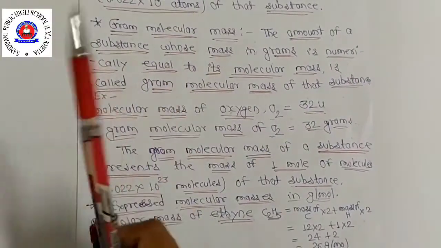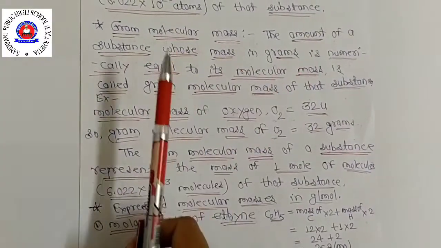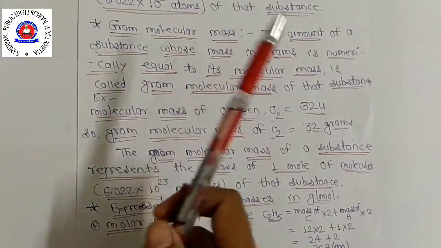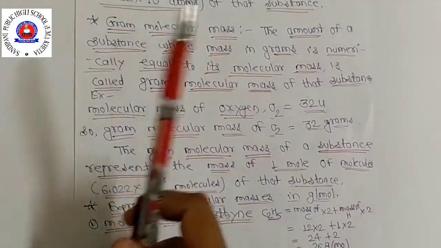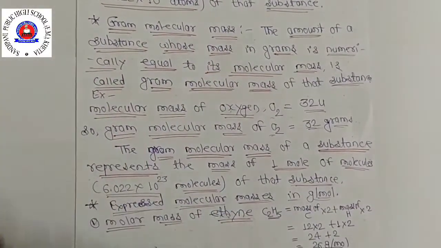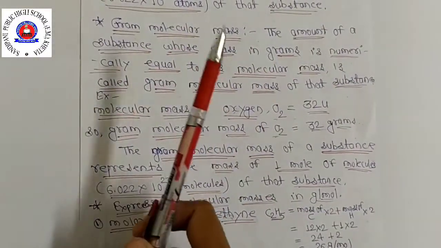Clear this one? In other words, the molecular mass of a substance expressed in grams is called its gram molecular mass. So to write the gram molecular mass of a substance, we write its molecular mass and then replace the unit u by the word gram or its symbol g.